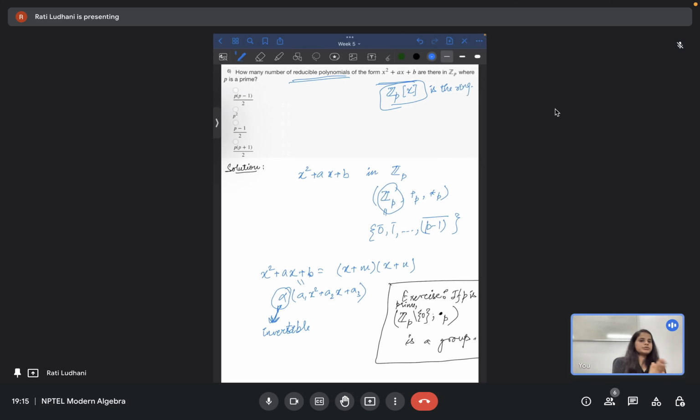This is the ring we are dealing with, and now we are searching for reducible polynomials of this form. If the polynomial can be written in this form, then it is not actually reducible, because alpha is invertible always. So to have a reducible polynomial, the condition should be this.